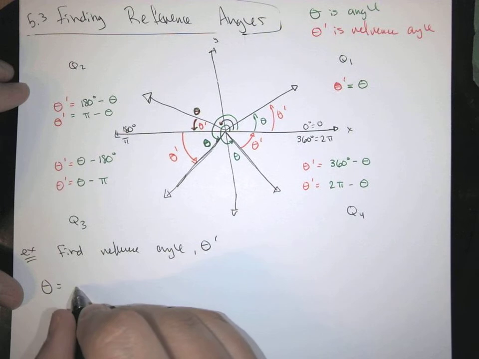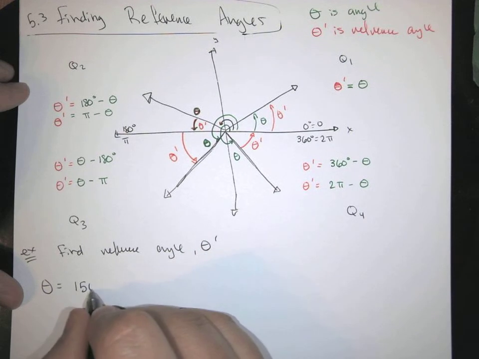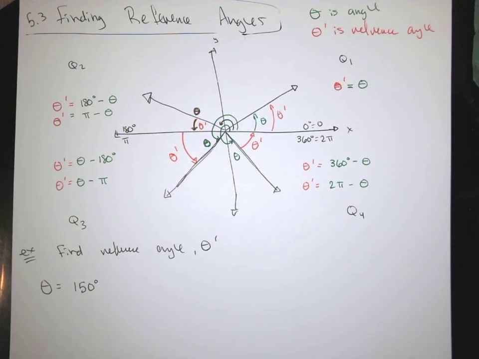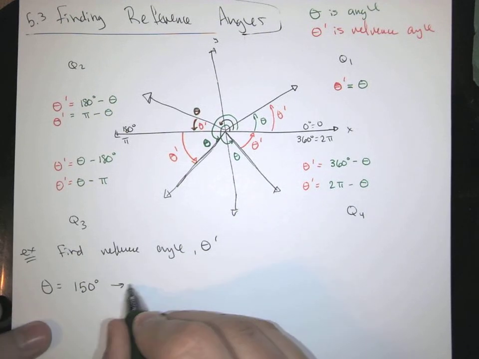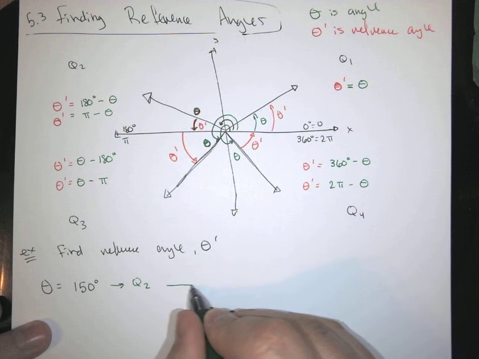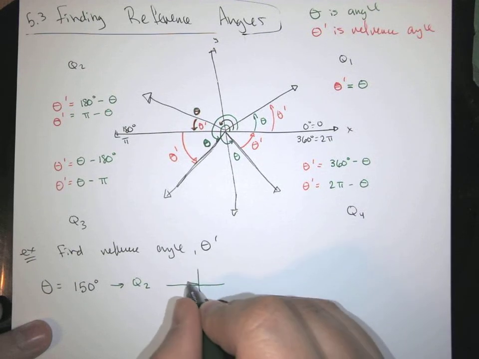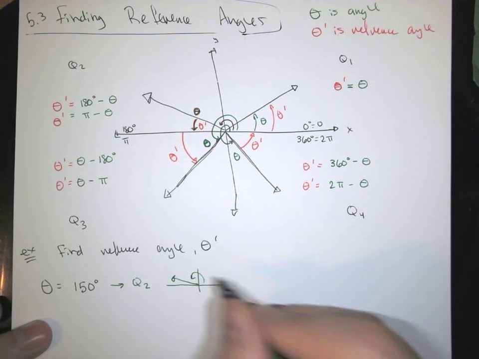So how about theta is 150 degrees? First things first, we just need to figure out which quadrant we're in. 150 is going to be quadrant 2, visually somewhere out like this.